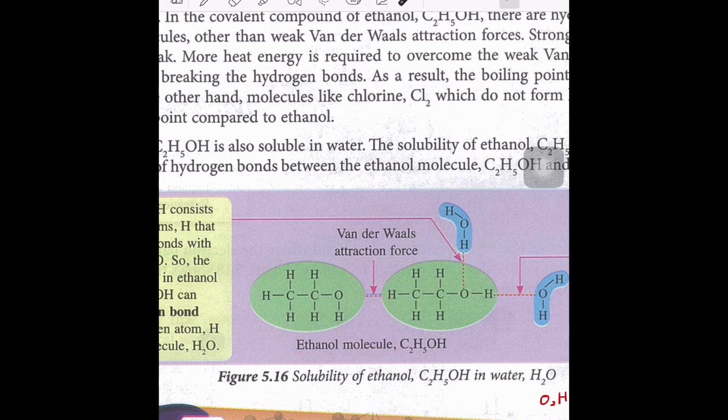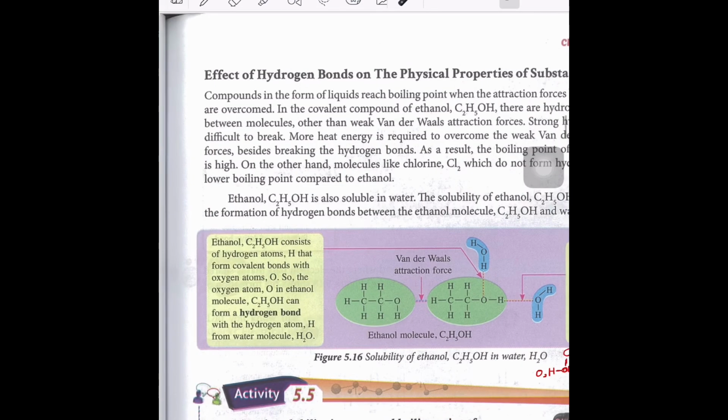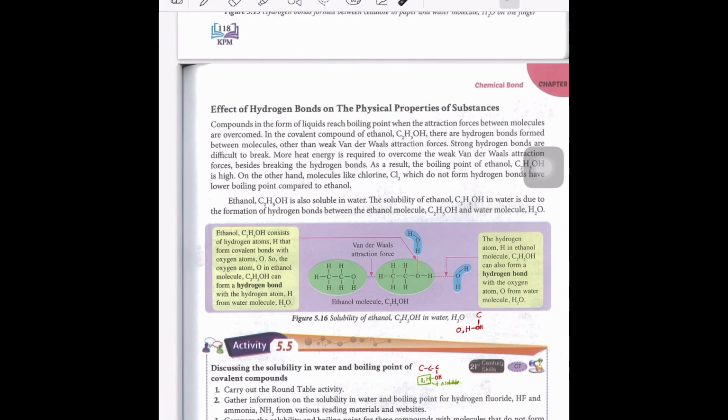Nah, the hydrogen from the water is going to form the hydrogen bond with the high electronegativity O from ethanol molecule. Nah, jadi because of the presence of water, because of ada hydrogen bond, jadi sebab itulah ethanol molecule can dissolve in water. Okay, I hope you understand that one.